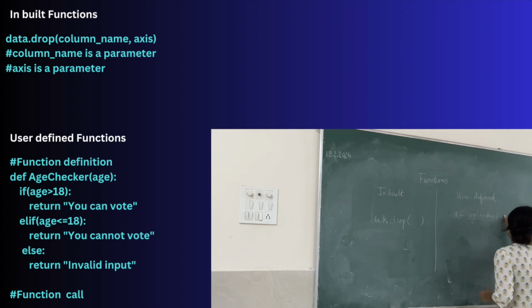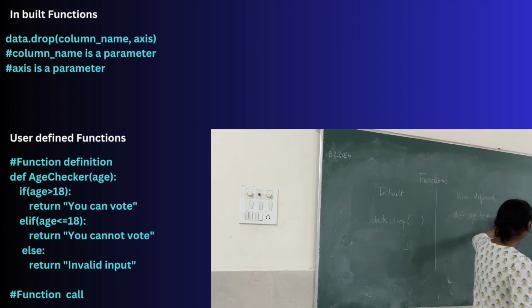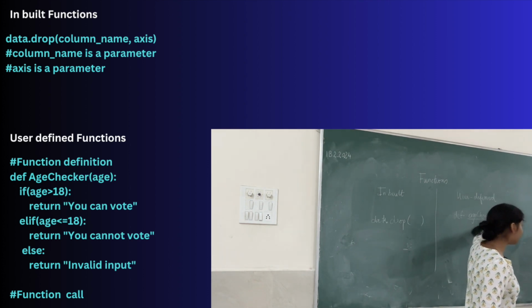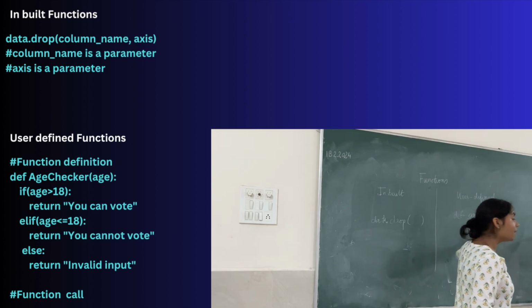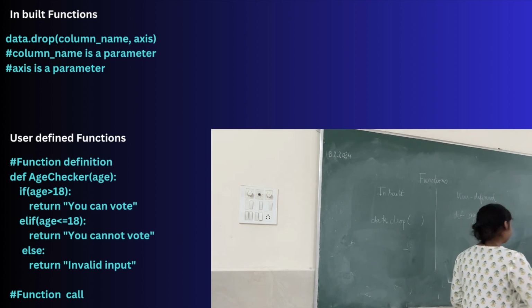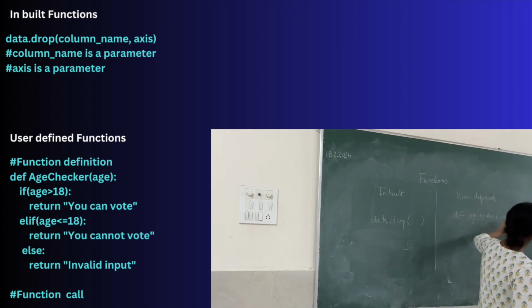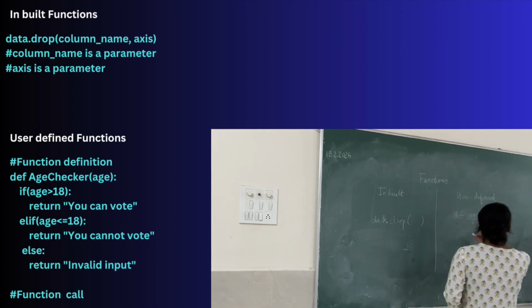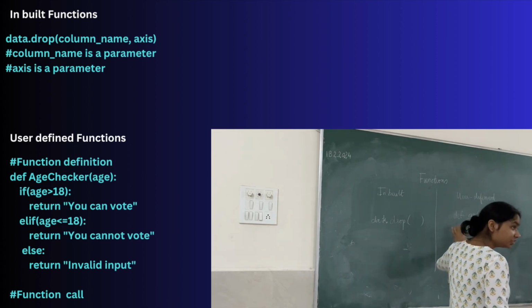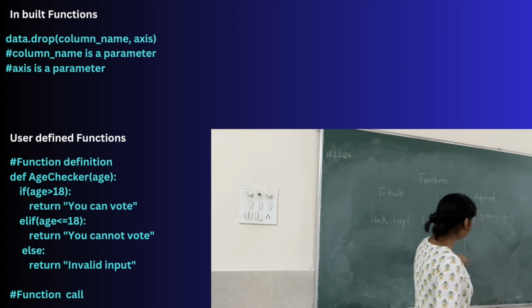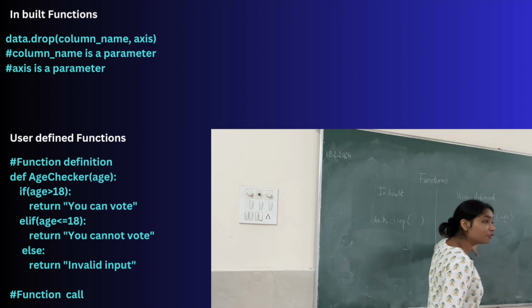So you can give your age as a parameter. This is another variable that I'm giving inside it. I can name it anything, but once I name it age, it has to be consistent. So def, name of the function, parameter, then colon, and then there's indentation. When I draw this, I mean to say that there's indentation, you have to leave 4 spaces.